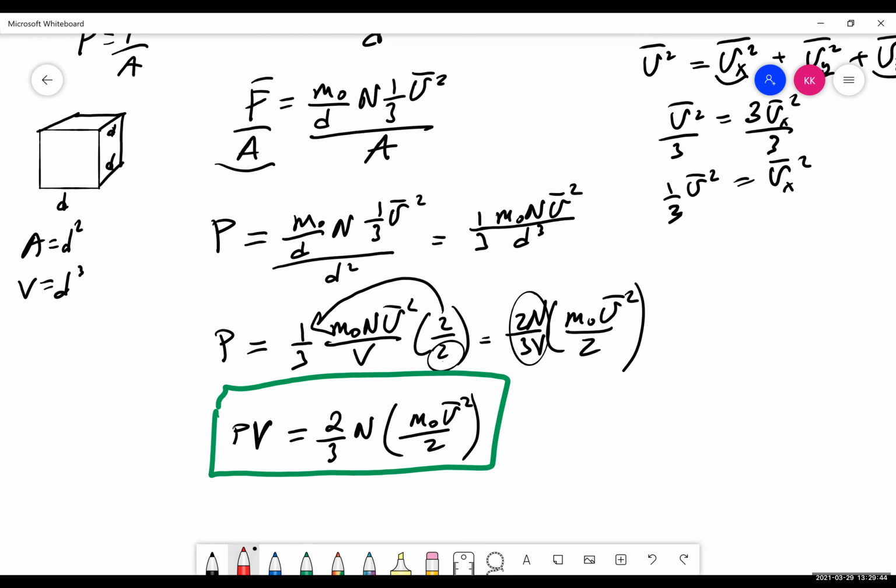Now, what is the significance of this equation? Well, it tells you what PV is from this molecular interpretation. It's 2/3 times number of molecules times m naught V square over 2.